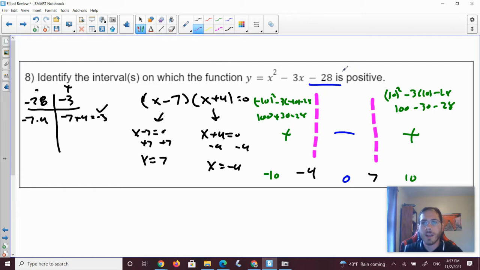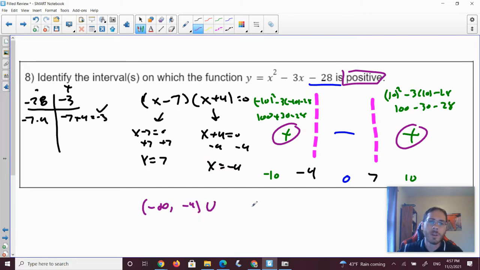So now I need to analyze. It says where I want positive, which is right here and right here. So since there's two regions, I got to have my two answers union together. So negative infinity to negative 4, unioned with 7 out to infinity.